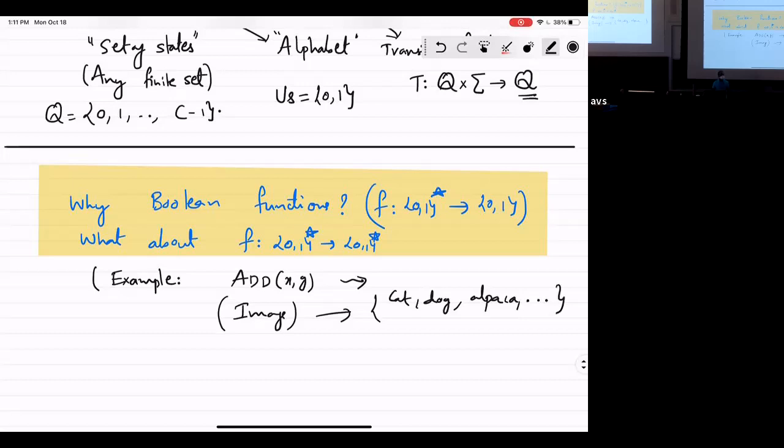It's not just one of two possible values. My desired computation is to compute a multi-bit output. So how do I bridge this gap? Is our model somehow deficient in this way? What do you think?